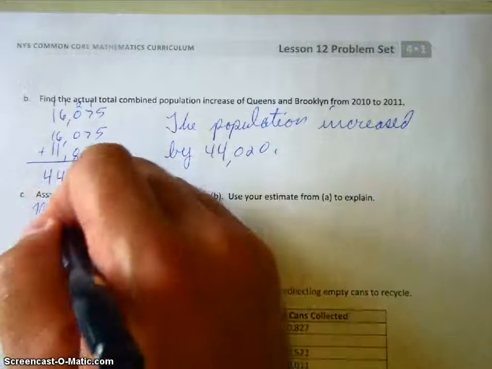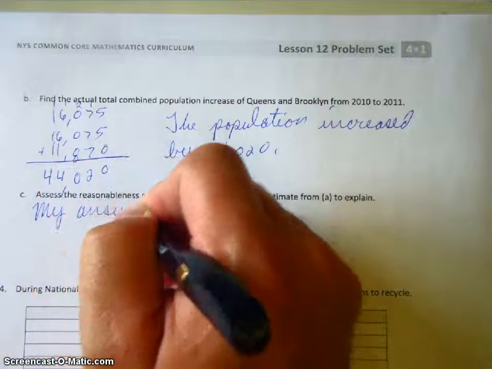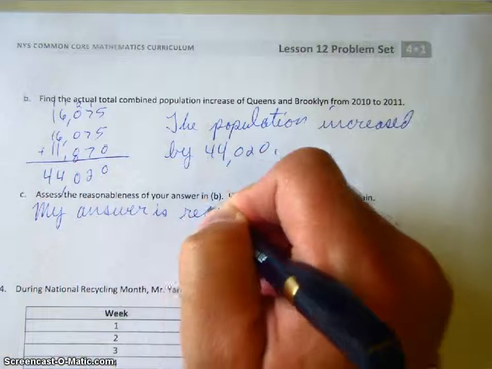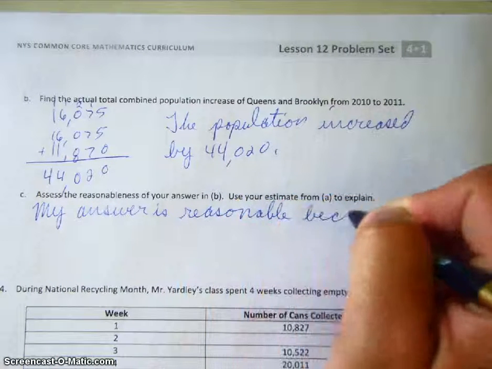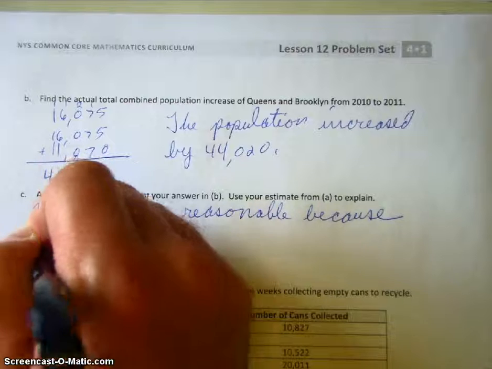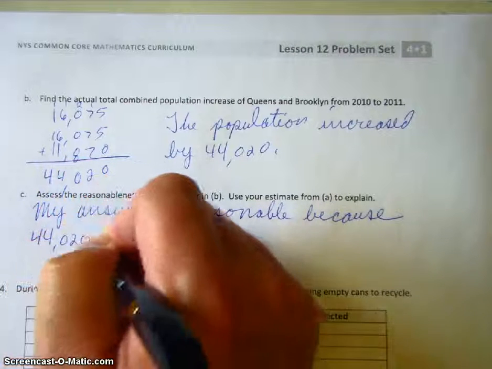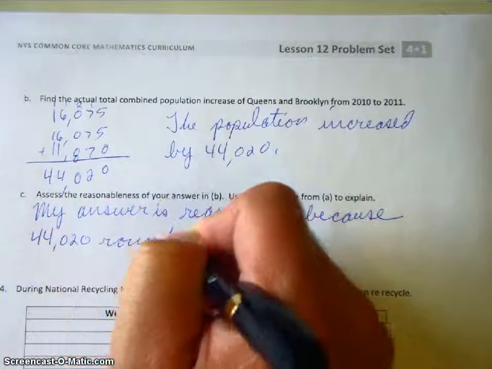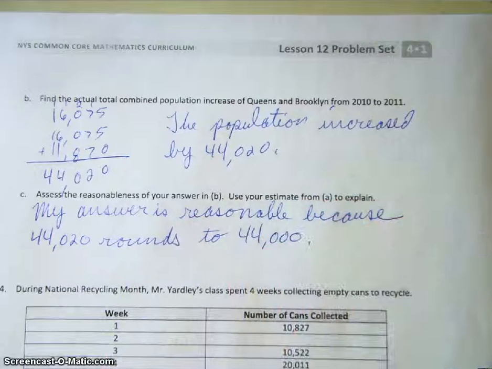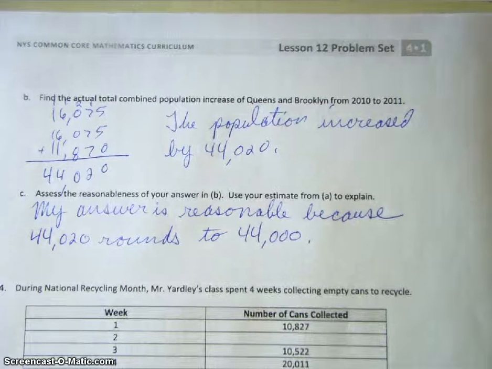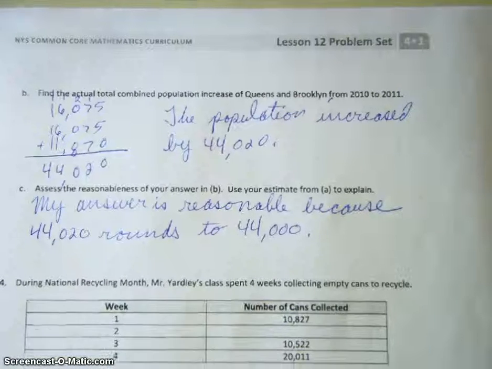So my answer is reasonable, because 44,020 rounds to 44,000. So we rounded, then added, to get our estimate, and we can see that our estimate is close to our actual answer.